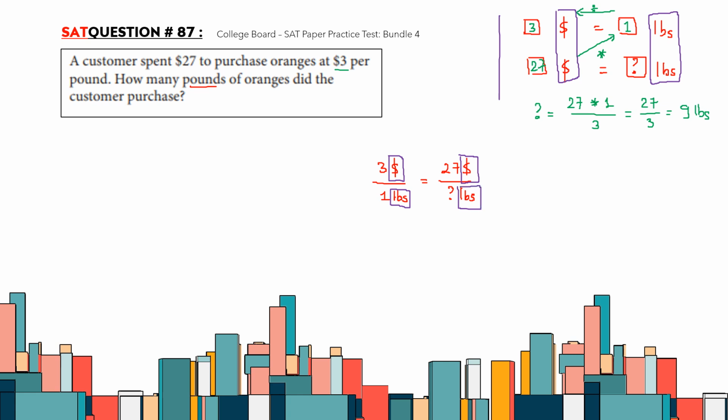If you want to do 1 pound over $3, you will set up question mark pounds over $27. So now pounds is on the top, and then the dollars at the bottom.